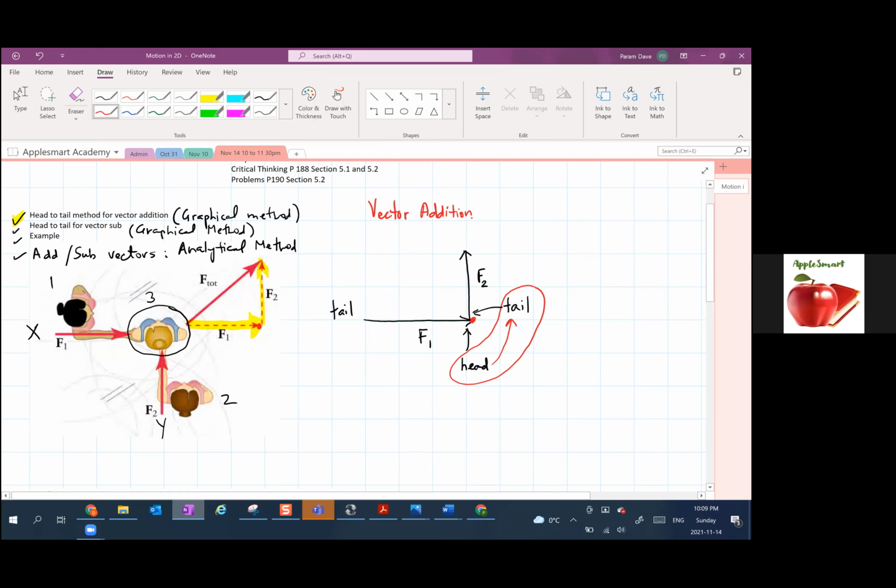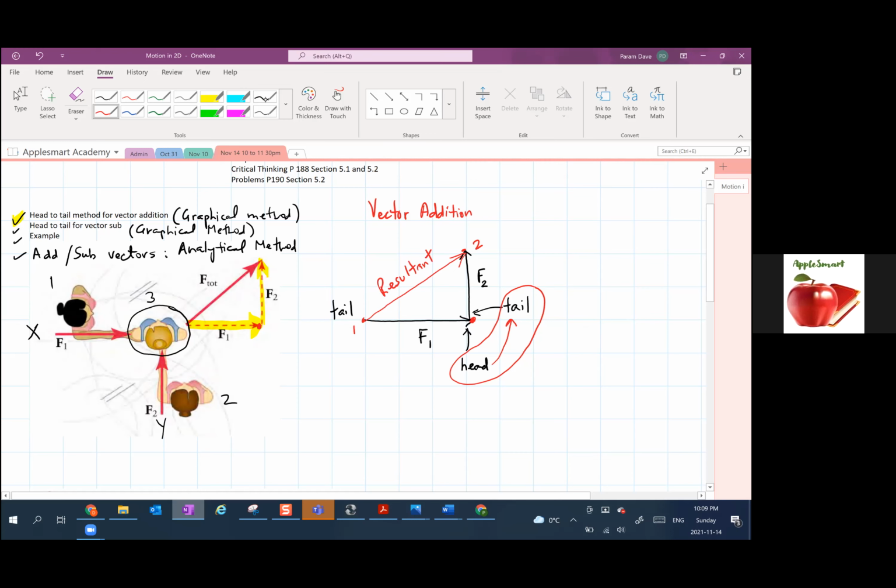Once you draw the head to tail, what's going to be your resultant vector? Well, you go from the tail of the first one to the head of the second one. So draw the resultant vector from the tail of the first one to the head of the second one. This becomes your resultant vector.